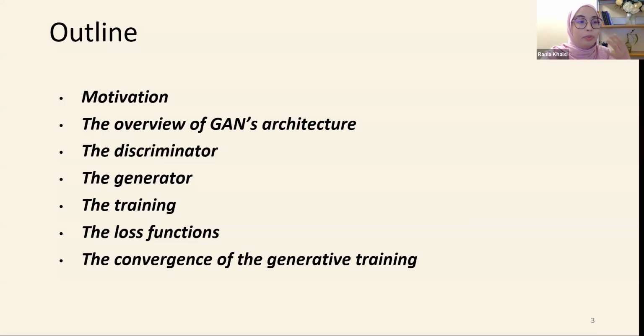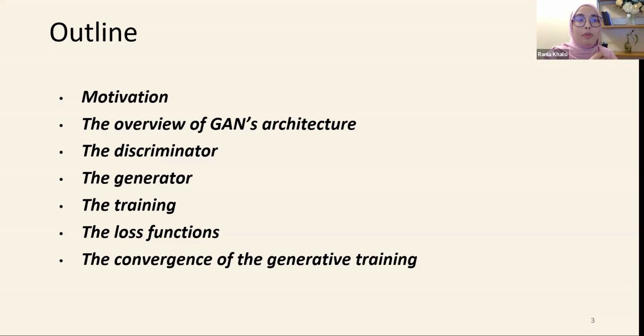So first, maybe we will start with our motivation, like always, and then we are going to go through the architecture. So we will have an overview of the GAN architecture. Then we will focus on the main components of this architecture, the discriminator and the generator.